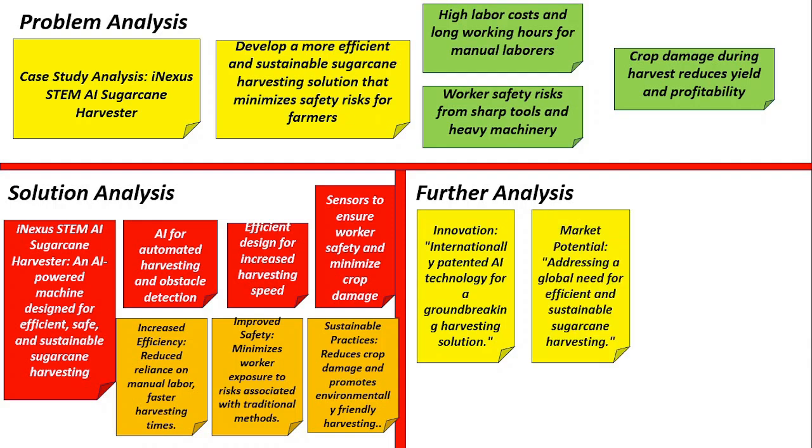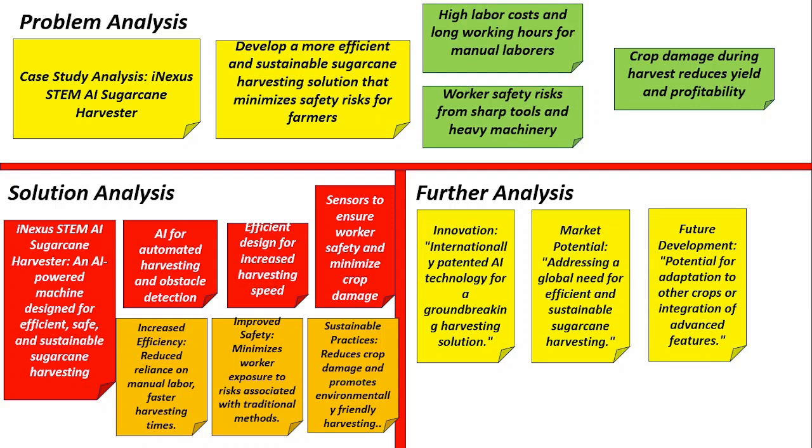For that, I conduct a market potential analysis and write a prompt on yellow sticky notes, which represents addressing a global need for efficient and sustainable sugarcane harvesting, and future development. Also, we are considering the potential for adaptation to other crops or integration of advanced features.